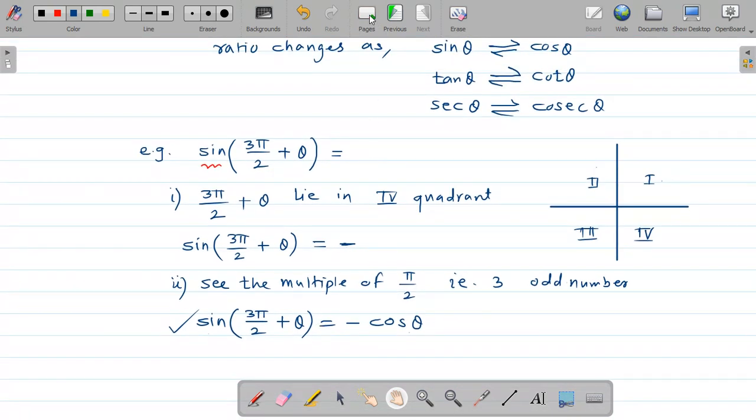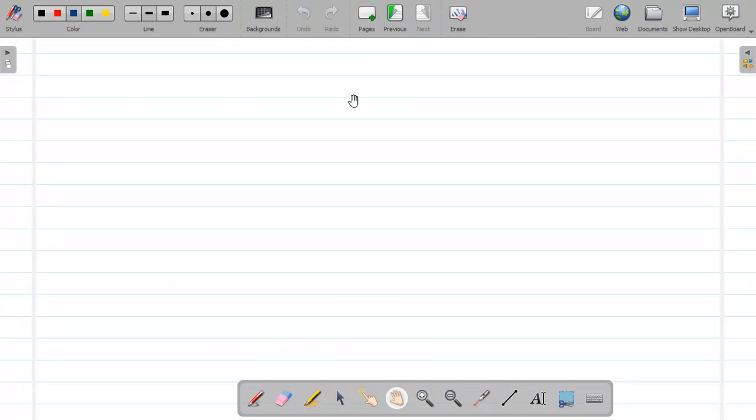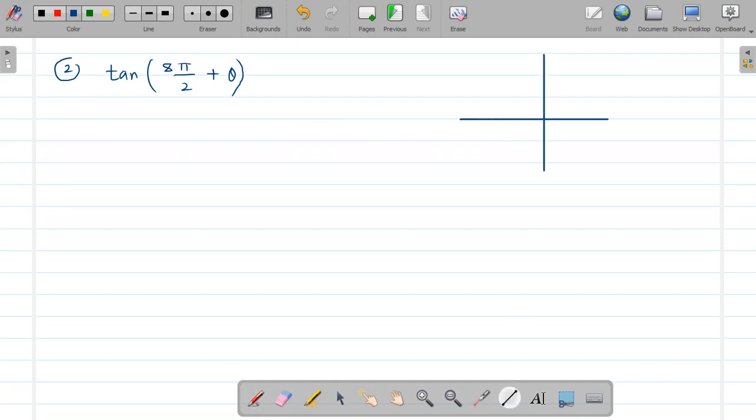Now take another example also. See here. Second one. Suppose I ask to find out what is tan of 8 times pi by 2 plus theta. This is also an allied angle formula. First of all, I have to see the quadrant in which this angle is lying.